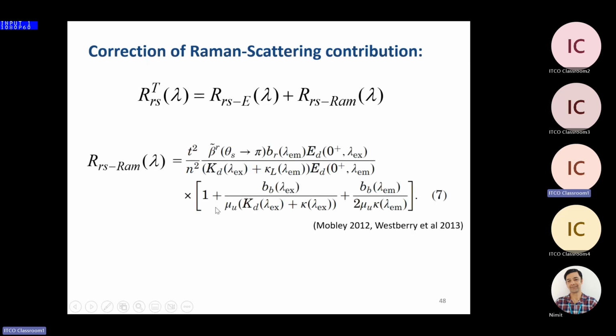So here is an analytical solution for remote sensing reflectance. It's quite complex, and you have to do it iteratively, because it requires Kd, requires BB, all those things. So you iteratively get IOPs, then do the removal, and then calculate again.